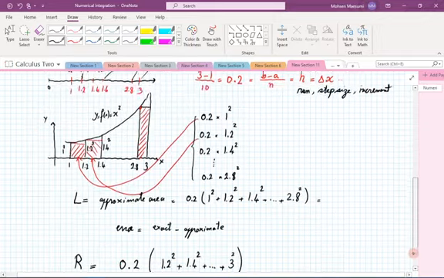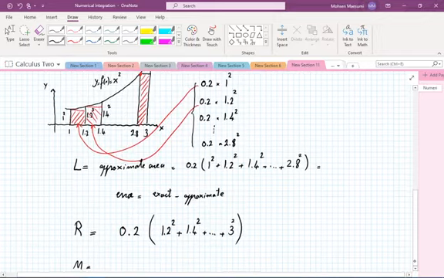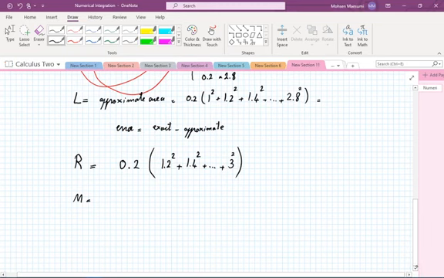Well, obviously the middle of 1 and 1.2 is 1.1. The middle of 1.2 and 1.4 is 1.3. So for the mid rule, we have 0.2. The very first one is 1.1 squared, and the next midpoint is 1.3 squared. What's the next one? 1.5 squared. Down the road we go.